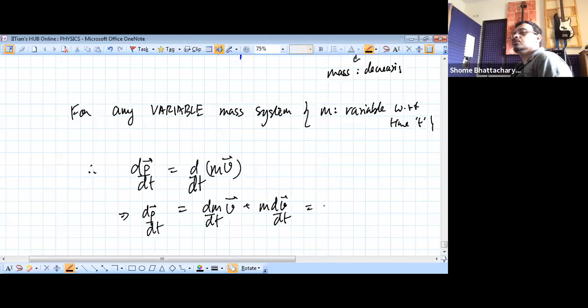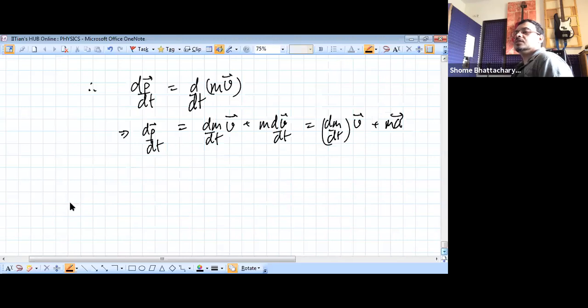So that is equal to dm by dt into v plus instantaneous mass into instantaneous acceleration. So there you can see that net force, which is rate of change of momentum, will not be equal to mass into acceleration.